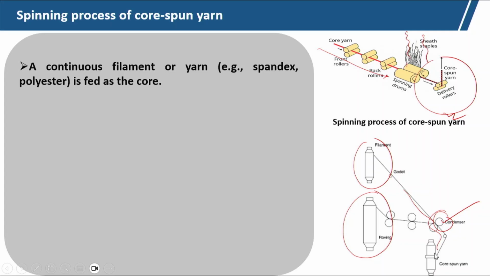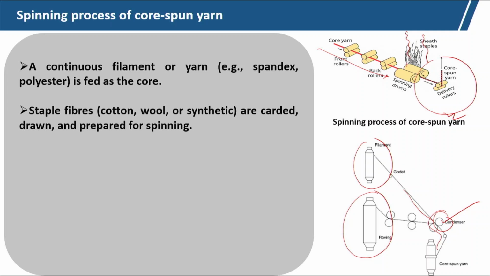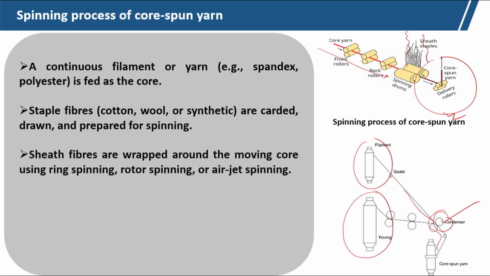A continuous filament or yarn, spandex or polyester, is fed. The staple fibers, cotton, wool or synthetic, are carded and drawn. The sheath fibers are wrapped around the moving core using a ring, rotor or air jet spinning.